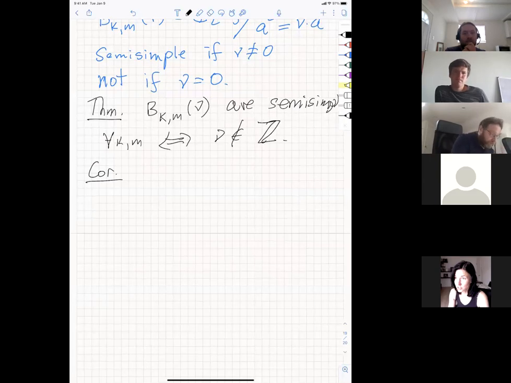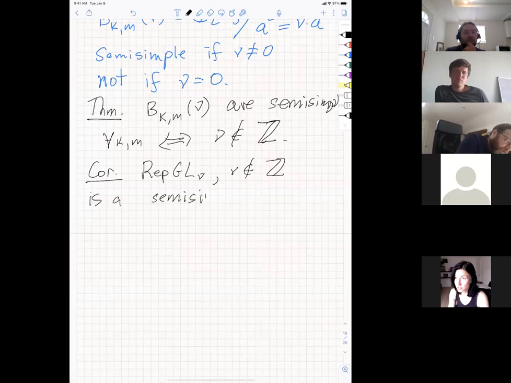So we will have a category with complete reducibility. So it's a semi-simple category. So this rep GL nu, for nu not in Z, is a semi-simple symmetric tensor category.